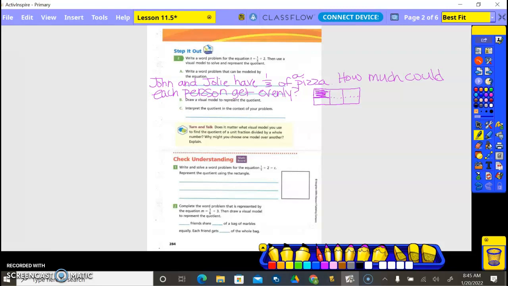But how many total sections do I have? 6. So we're looking at 1/6 of it. Let's check it. So 1/3 divided by 2 equals 1/3 times what? 1/3 times 1/2 equals, so 1/6 of the pizza.